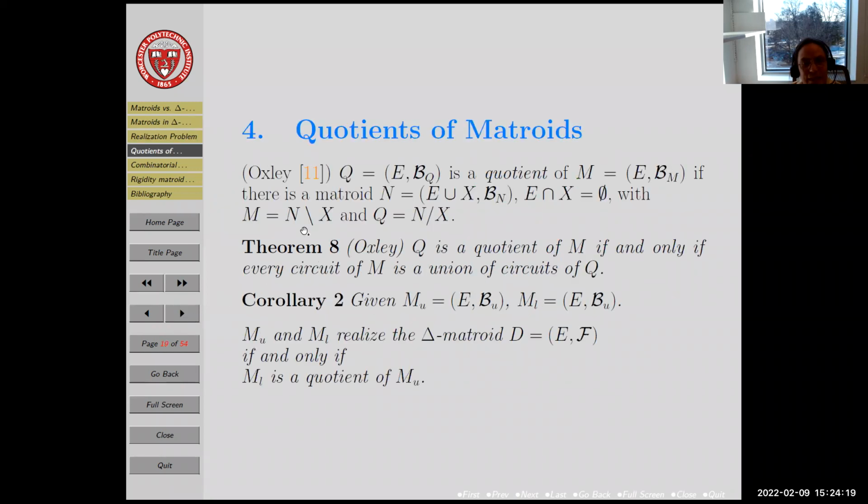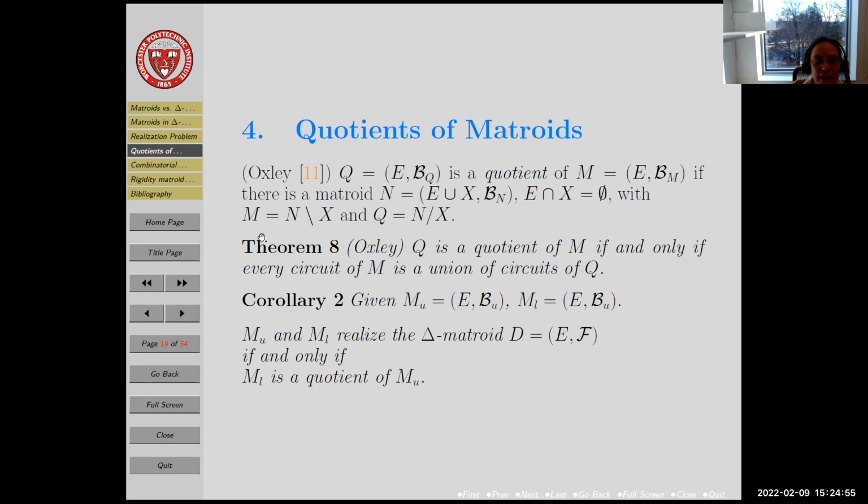So then if you read Oxley's book, he has this wonderful theorem in there: a matroid Q is a quotient of a matroid M if there is a matroid N on the ground set of the 2 matroids, union some set X, so that the intersection of E and X is empty.